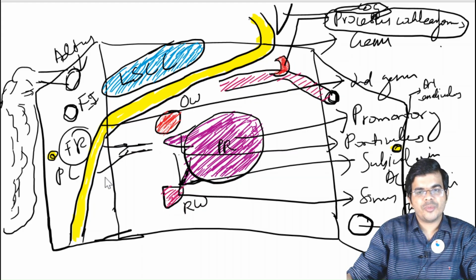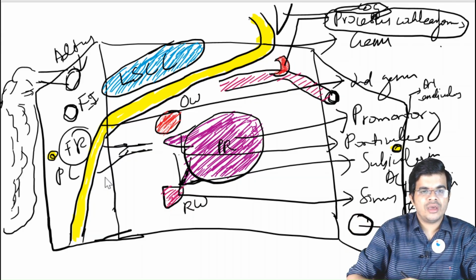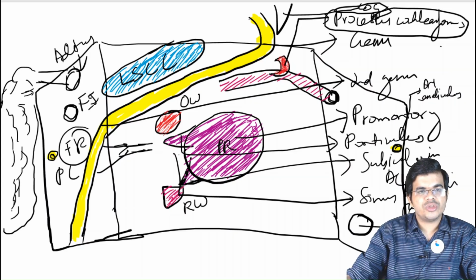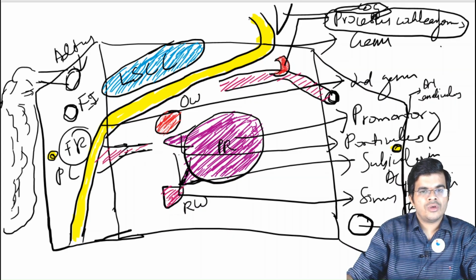The stapes has a head, neck, crura, and footplate, and this goes on to insert to the neck of the stapes. So that's it about the anatomy of the medial wall, anterior wall, and the posterior wall.